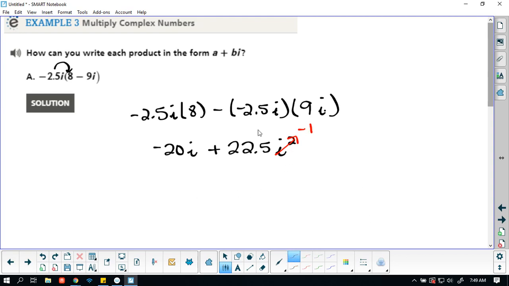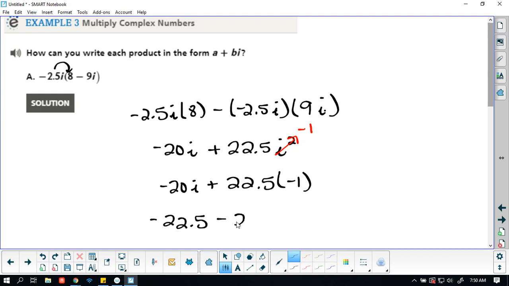So now we have plus 22.5 times negative 1, which makes this a negative 22.5. We want to always start with the real number in the front. That's the way it goes, a plus bi. So we're going to do negative 22.5 minus 20i.